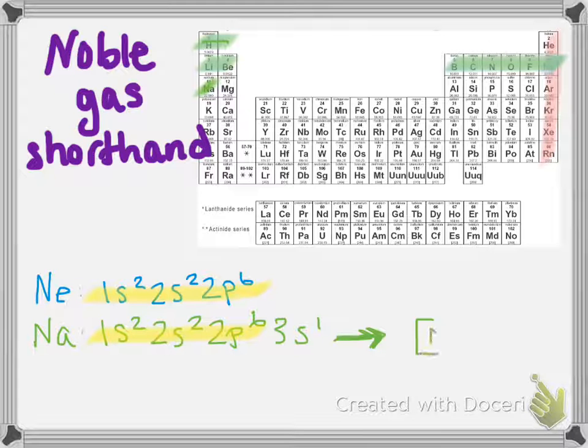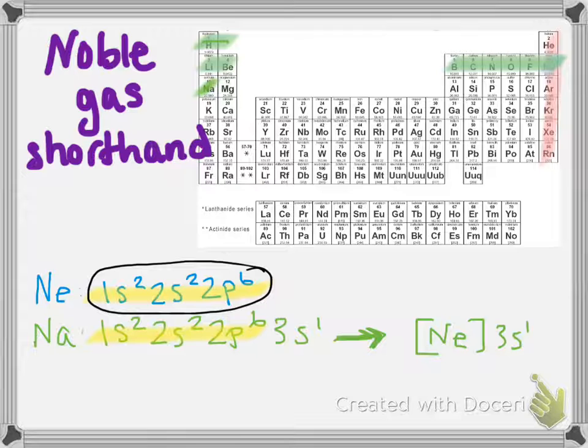So I write neon in brackets. And after that, I just finish the electron configuration. So when I wrote neon in brackets, that represented all of this, the 1s2, 2s2, 2p6. So instead of writing all of that, I just wrote neon in brackets and then went to 3s1. Okay. You can always do that with the noble gas right before it.